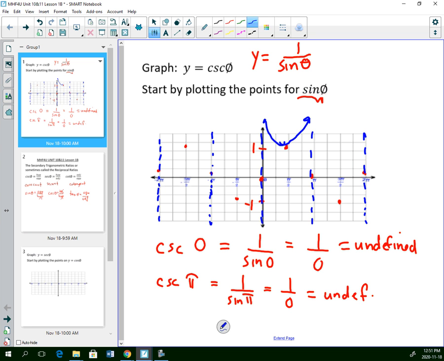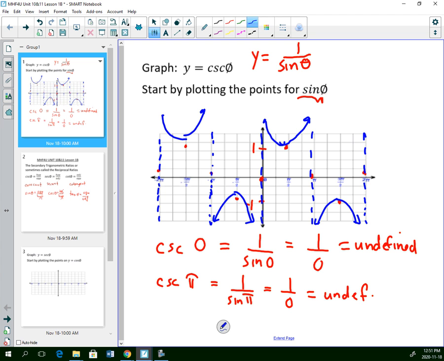So instead of turning down, it will turn up. The same with my negative one. Instead of turning up, it's going to turn down. And likewise over here. So at negative 1, it's going to turn down. At positive 1, it's going to turn up because we are drawing the inverse.